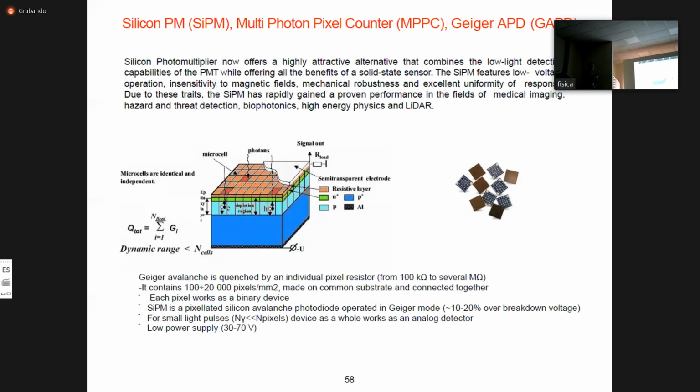You have to detect light in order to measure distance between objects. In biophotonics, and in medical imaging, this device is very important now.